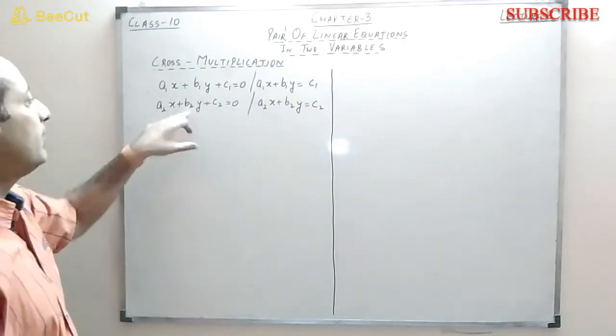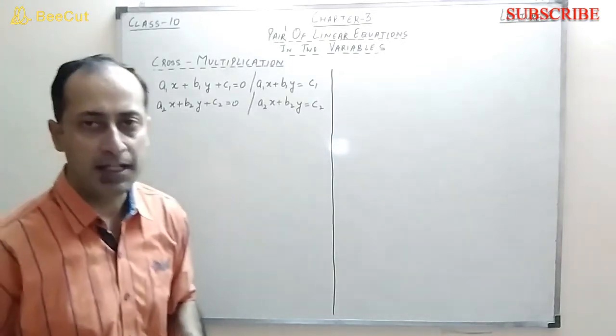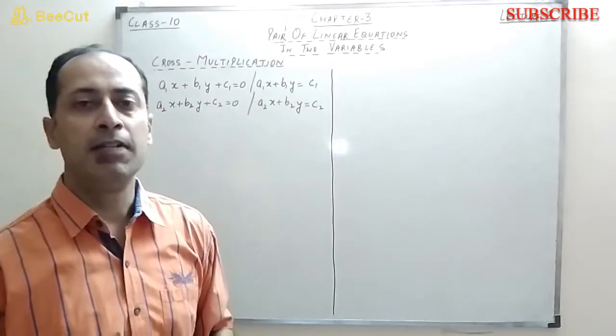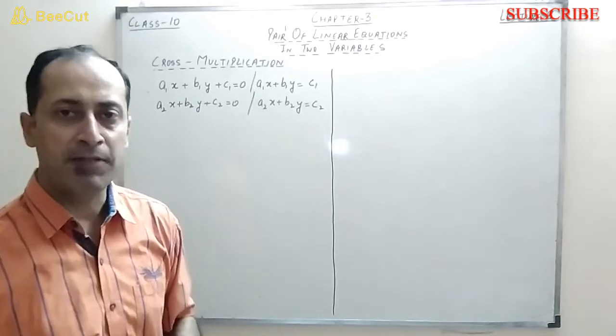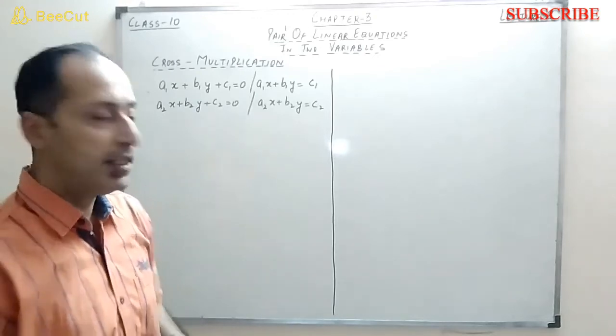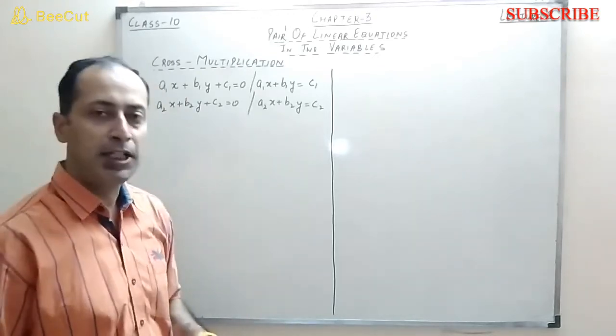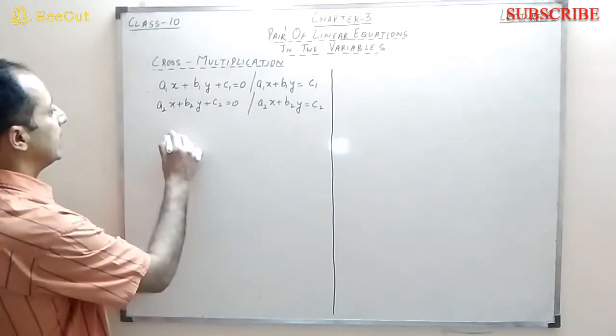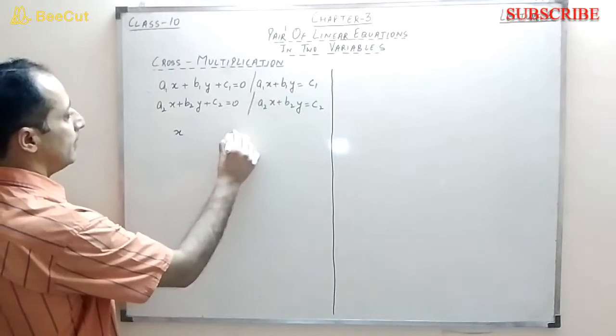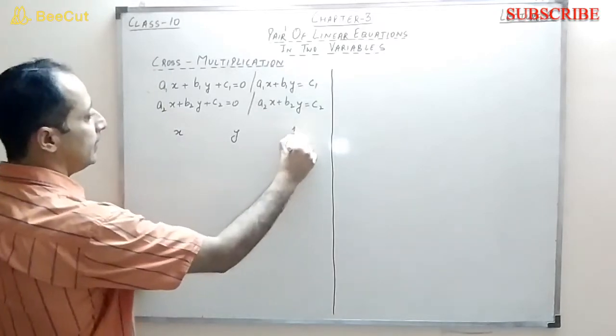If I keep the equation in the form a1x plus b1y plus c1 equals 0, and the second equation is a2x plus b2y plus c2 equals 0, then how do we solve it using the cross multiplication method? The first step is to write these three things: x, y and 1.